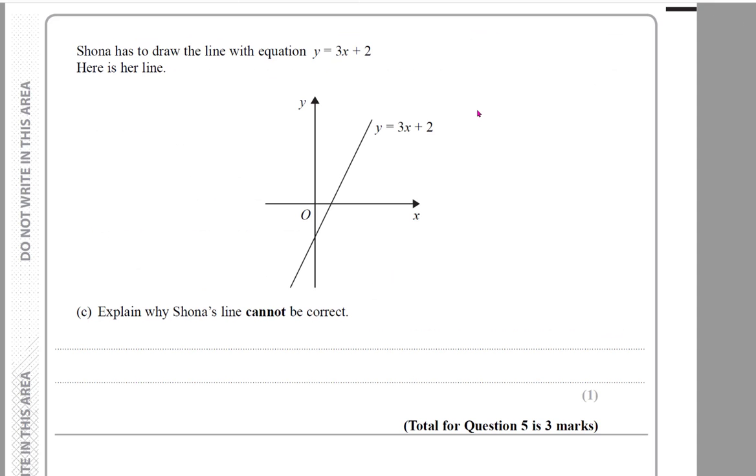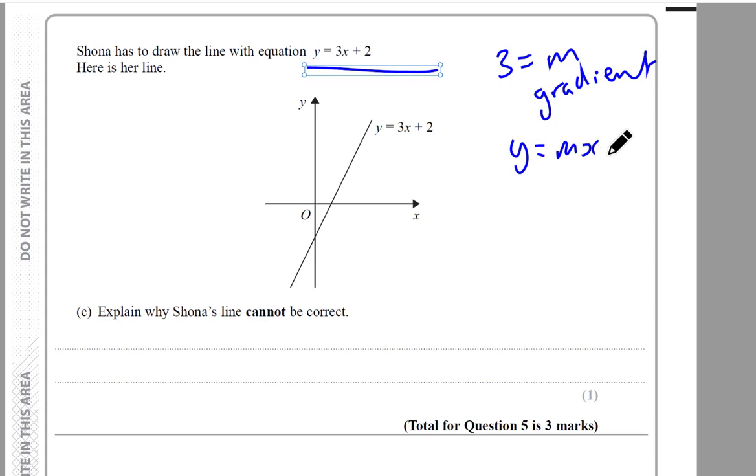So here we go. We have a line y equals 3x plus 2. So let's just quickly recap. That means 3 equals m, which is the gradient. Remember, y equals mx plus c. C is the y-intercept. So you can see that's a negative value here.